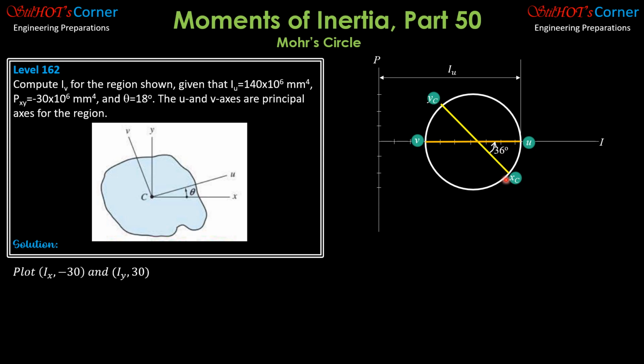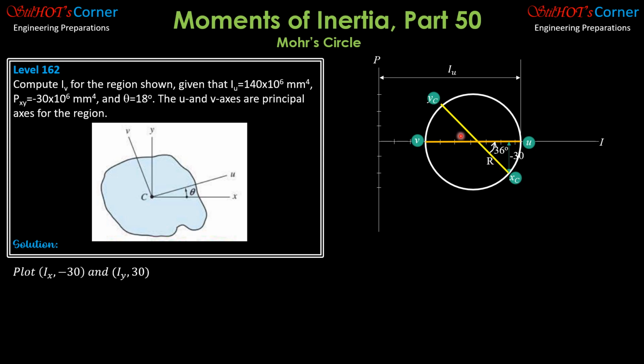Since the product of inertia Pxy is negative 30, which is this, it is equal to negative R sine of 36 degrees in the figure. So that's Pxy, negative 30 times 10 to the 6.